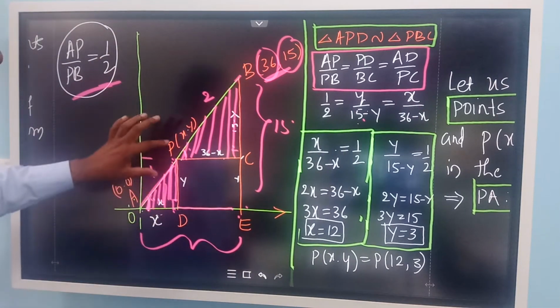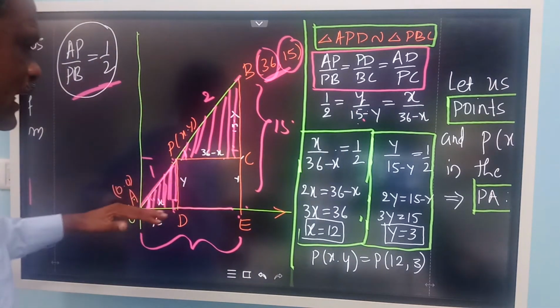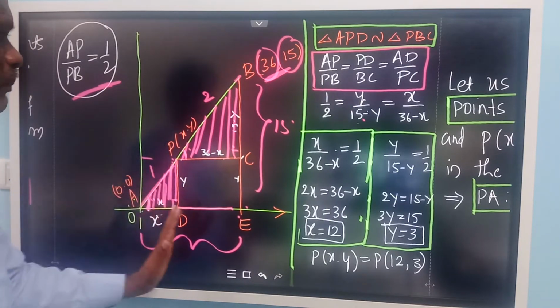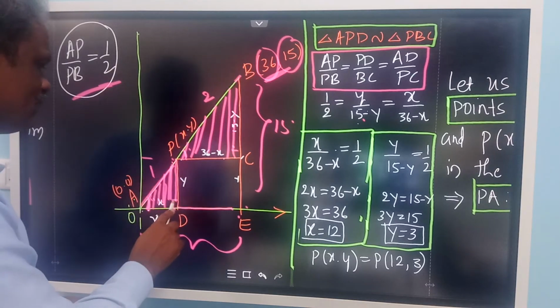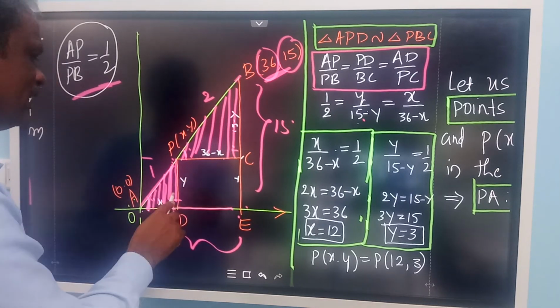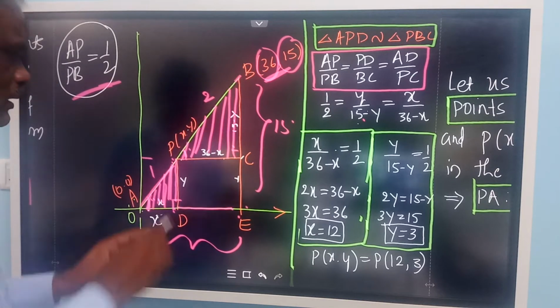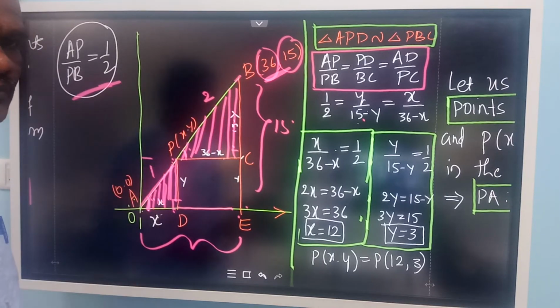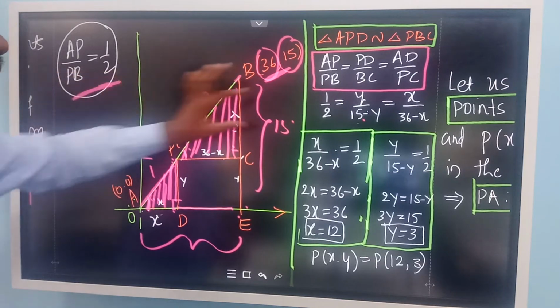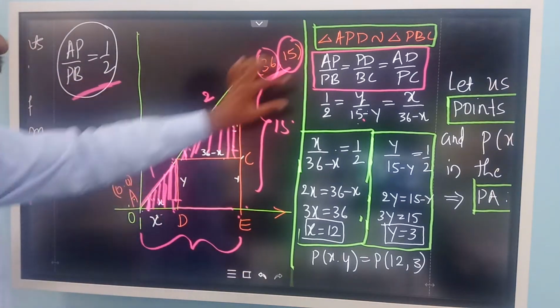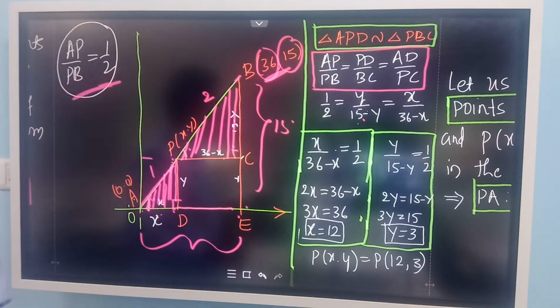Look at this. We have made a construction, PC parallel to the x-axis, and you have the perpendiculars drawn here. Perpendicular drawn means these two angles are 90 degrees. This is also 90. By similarity, you can show that these two triangles are similar. Sides are proportional, and the ratio AP by PB is 1 by 2, and the remaining ratios you substitute by looking at the diagram.